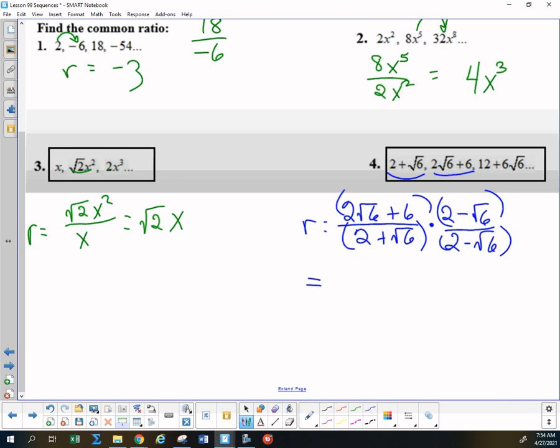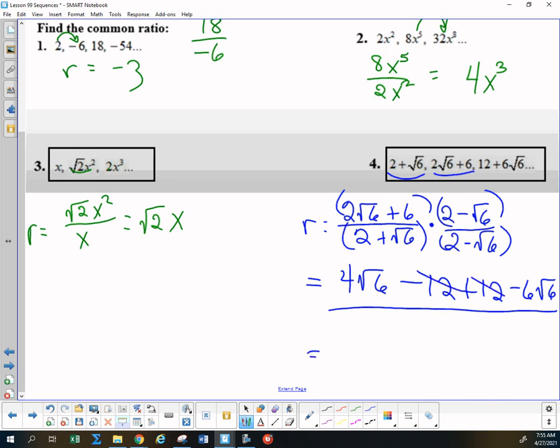So let's see. 2√6 times 2 is 4√6. 2√6 times minus root 6 is minus. The root 6's make a regular 6 times 2, so minus 12. Plus 6 times 2, minus 6 root 6. So it looks like my numerator is minus 2 root 6. Did I do that right?